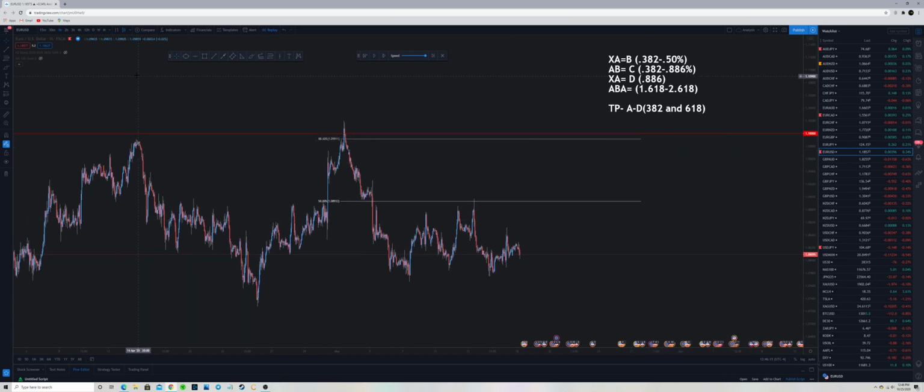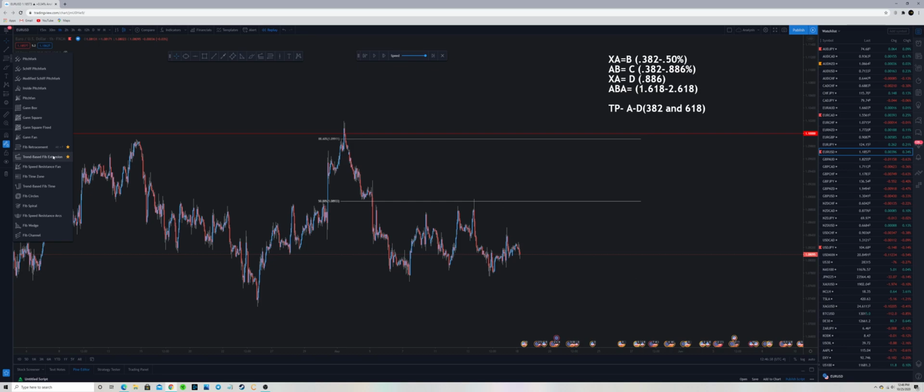And for the ABA, now to get the ABA 1618, you want to take out the trend-based fib extension. Now I don't know what trading platform you use to analyze your charts, but I use TradingView because it's really simple and clean, and I like to analyze my charts nice and simple and clean, nothing major and confusing.